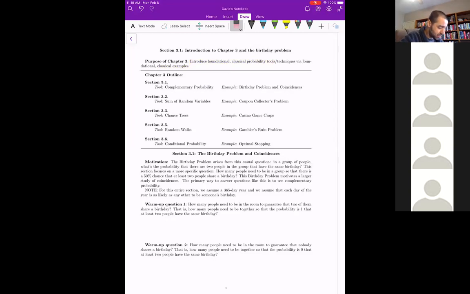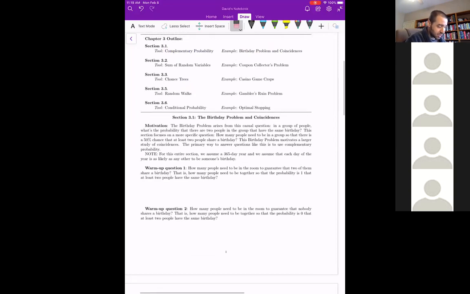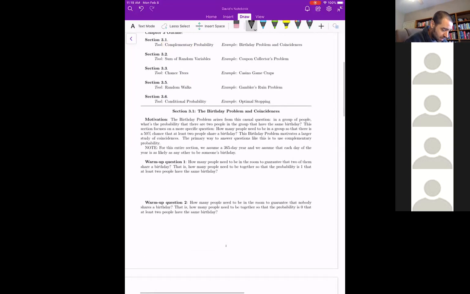Okay, so now let's jump into the birthday problem and coincidences, again, as a way of thinking about complementary probability. That's a very useful tool. Okay, so let's set up the problem. Back in the day, we used to go to things called gatherings, you know, parties, where human beings would get in the same room together and engage in socialization.